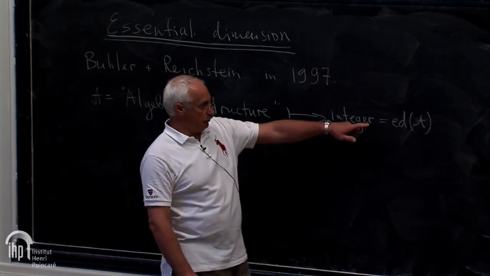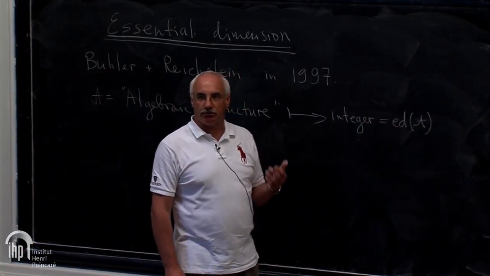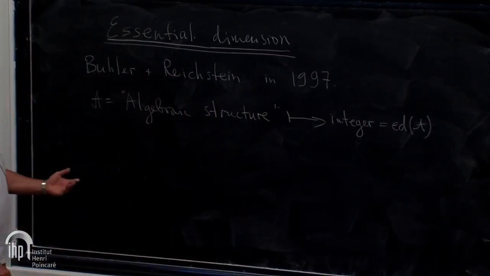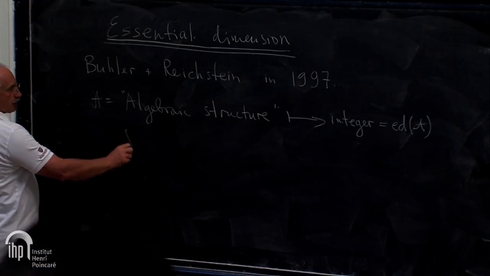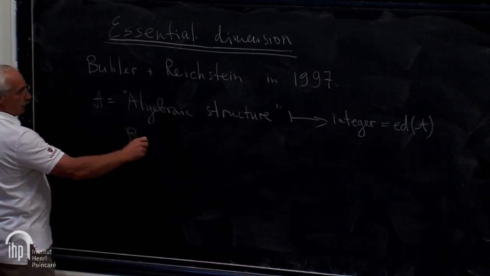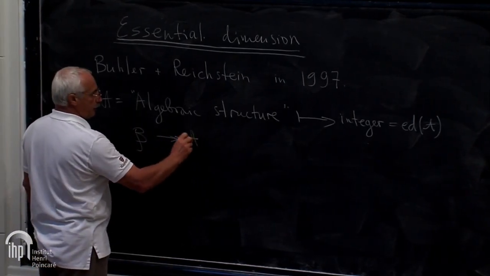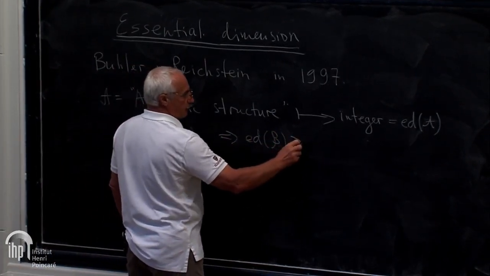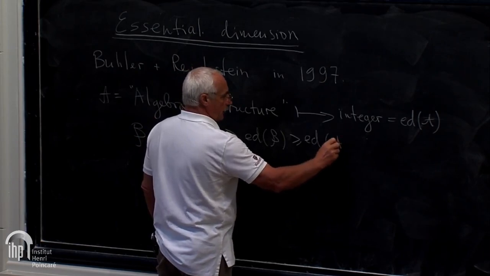And this number measures, in some sense, the complexity of the structure. And the main property of this number is that if you have a surjection, structure B surjects onto structure A, then the essential dimension of B is greater or equal to the essential dimension of A.